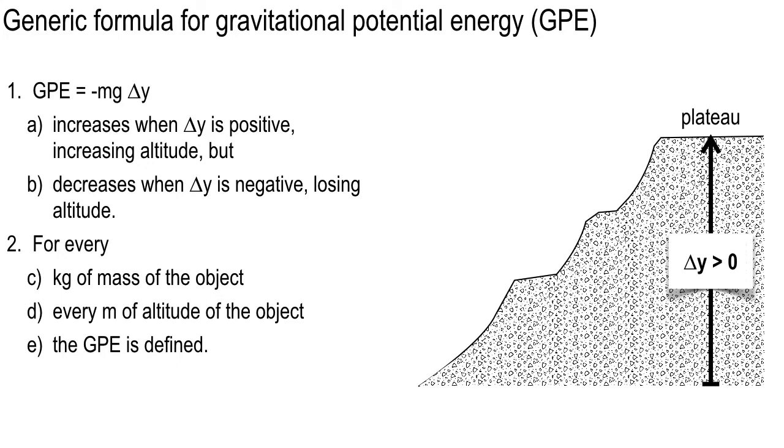Now, if you have a different mass, if you start out calculating with a 2.6 kilogram frozen chicken and you switch to the space shuttle, you got to recalculate because you got a lot more mass. But other than that, yeah, GPE is defined everywhere.